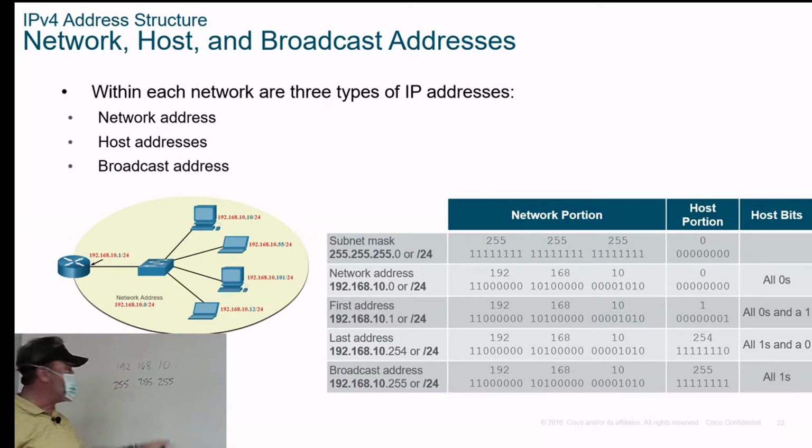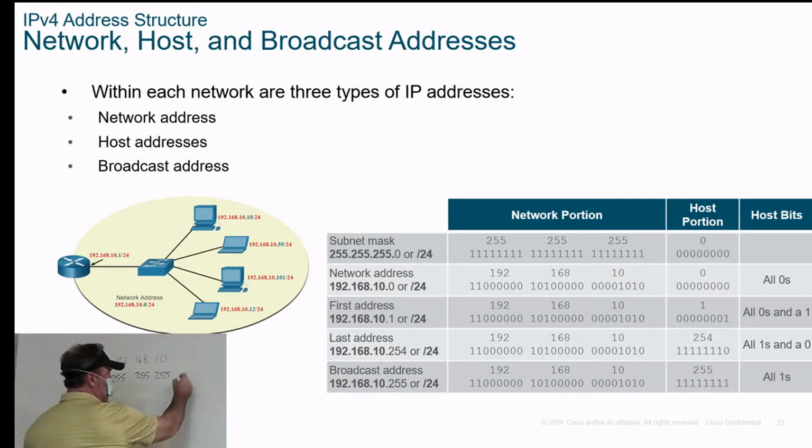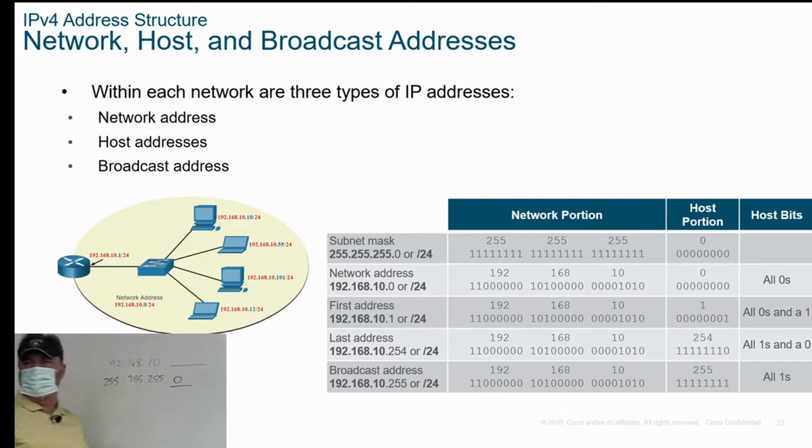All right, I'm only concerned about where I have zeros when I'm trying to calculate first address, last address, and broadcast. So just so you guys know, because this is all zeros, that means that this right here belongs to the host portion.